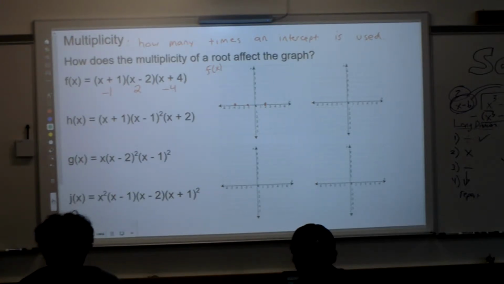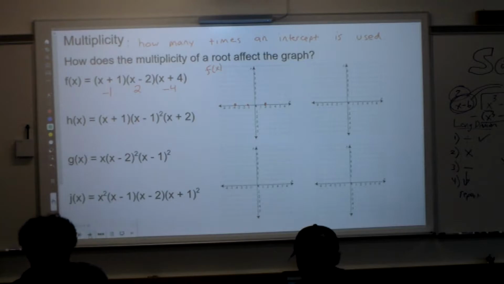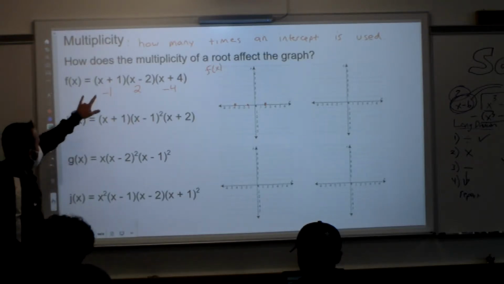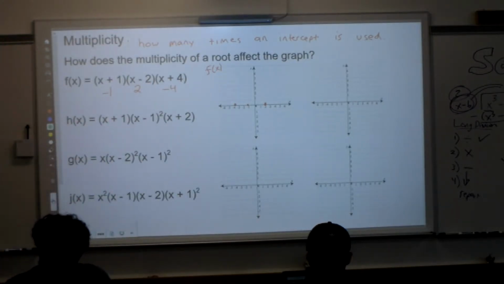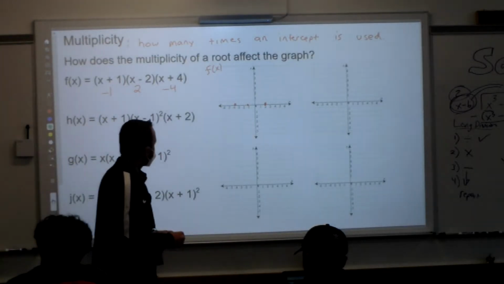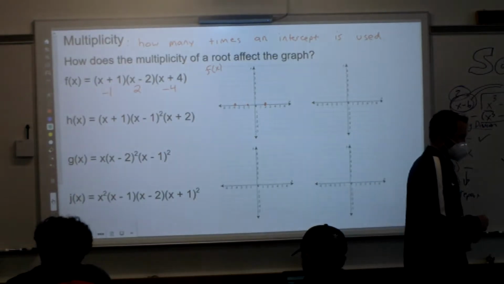Okay, now what I want you to do is graph this on Desmos, and then we'll talk about why it looks the way that it does. You're going to go to Desmos, and you're going to graph x plus 1 times x minus 2 times x plus 4. And if anyone's having any computer issues, let me know so I can try to help you out.